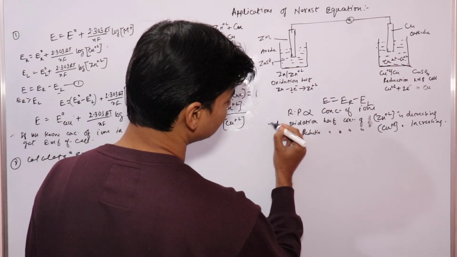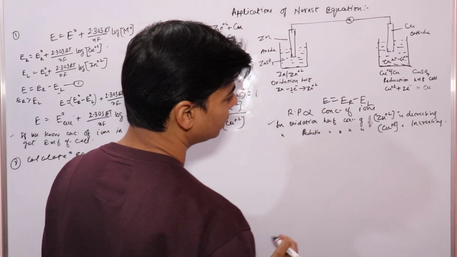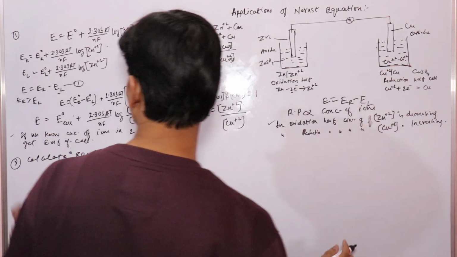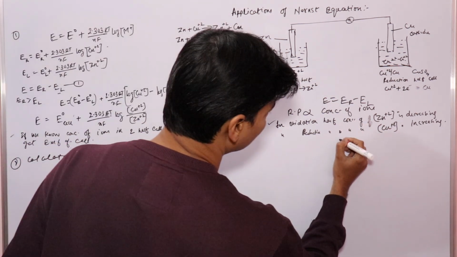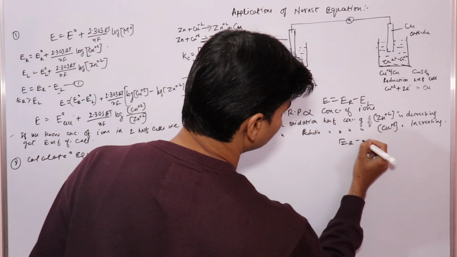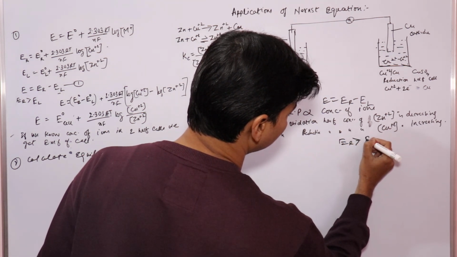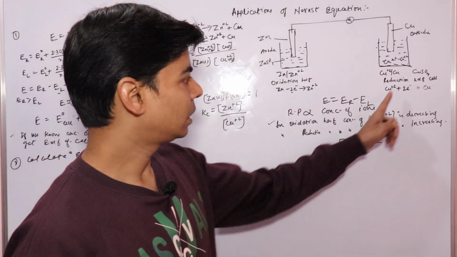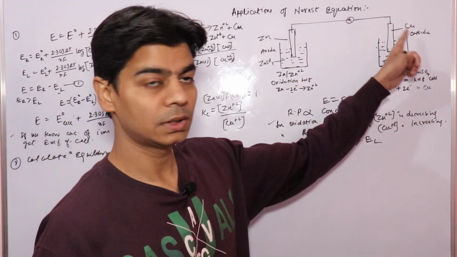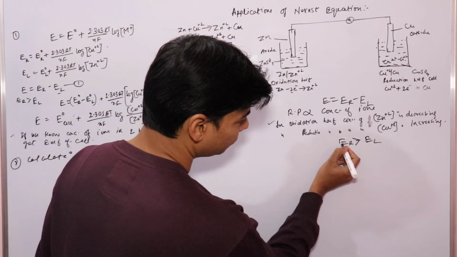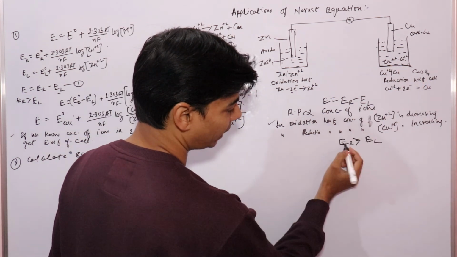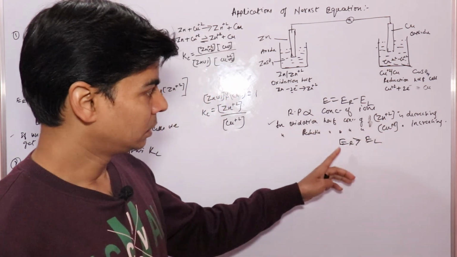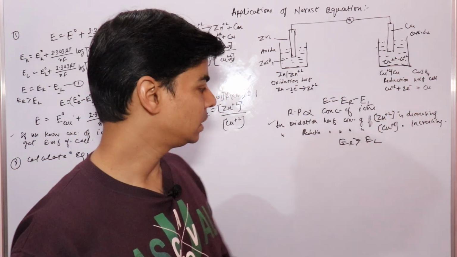Initially we have seen that ER is greater than EL, that is, in the right hand electrode, since reduction is occurring here, the value of reduction potential is high.